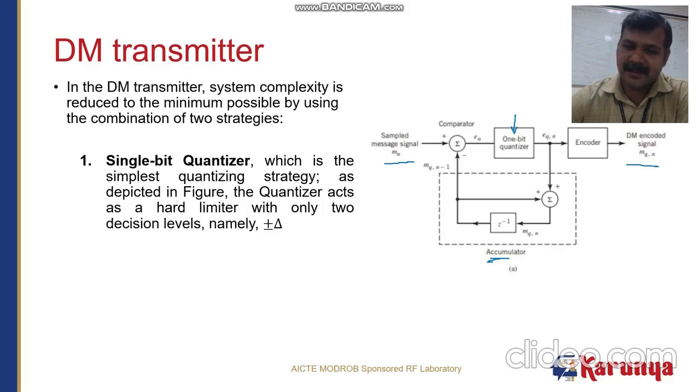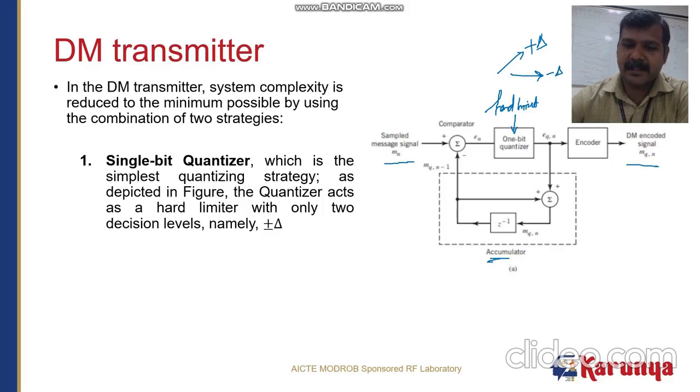So what is this strategy of the single bit quantizer? The single bit quantizer uses the simplest strategy, as you see in the figure, which acts as a hard limiter. Hard limiter means that the output is going to be either plus or minus. Here in this case we use the terms plus delta and minus delta.